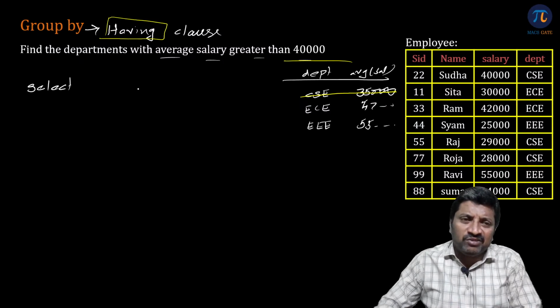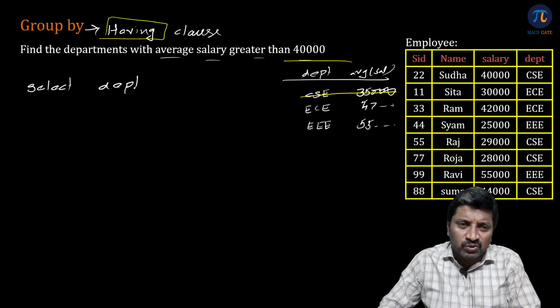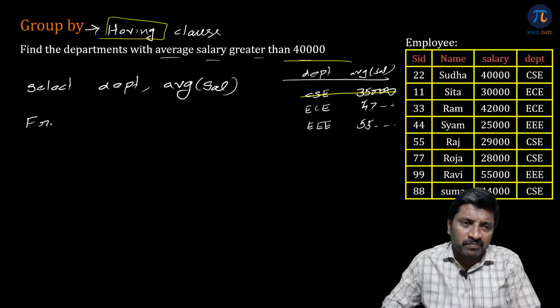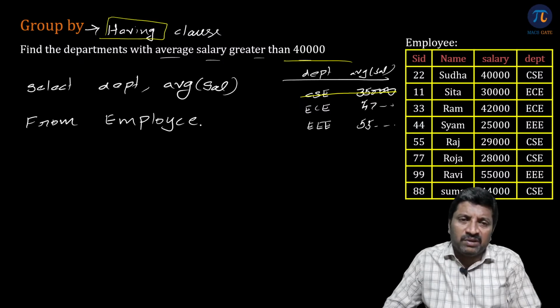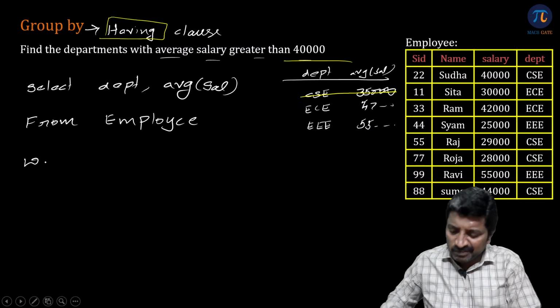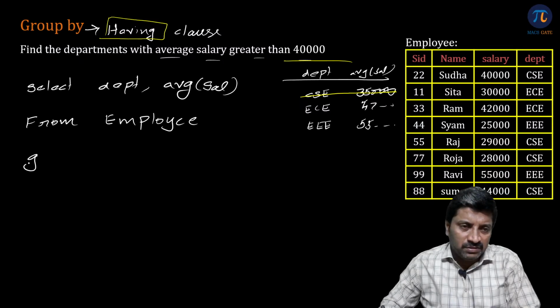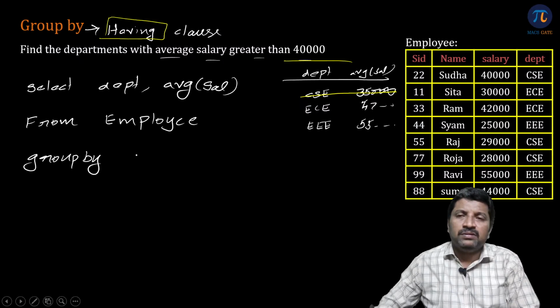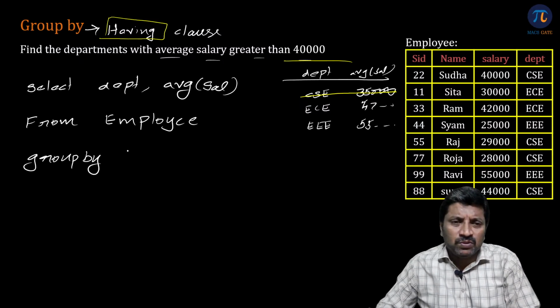Select. Ultimately I want only two. What are those two? Department comma average of salary from employee group by department.